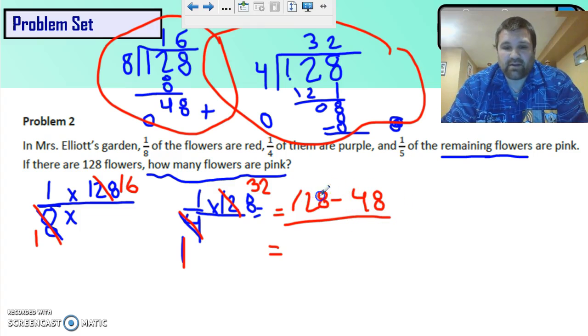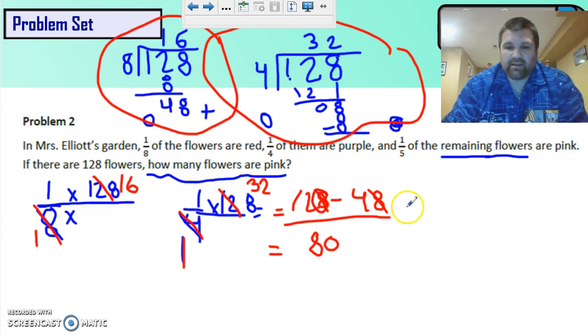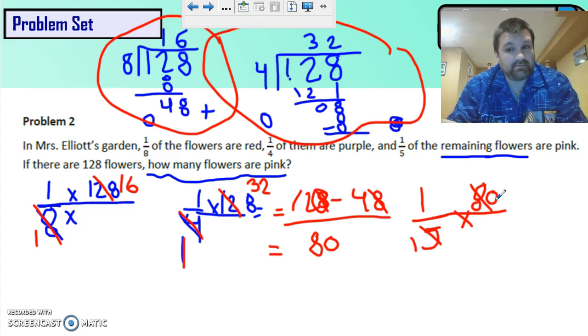Okay, so now we are subtracting 128 minus 48. We can subtract our 8s first, so that would bring us down to 120. Well, 120 subtract 40 would equal 80. So the next thing we want to find is 1/5 of 80. 5 goes into 5 one time, and 5 goes into 80 how many times?